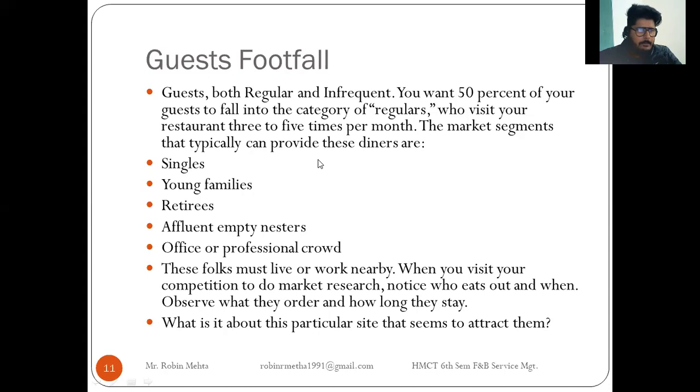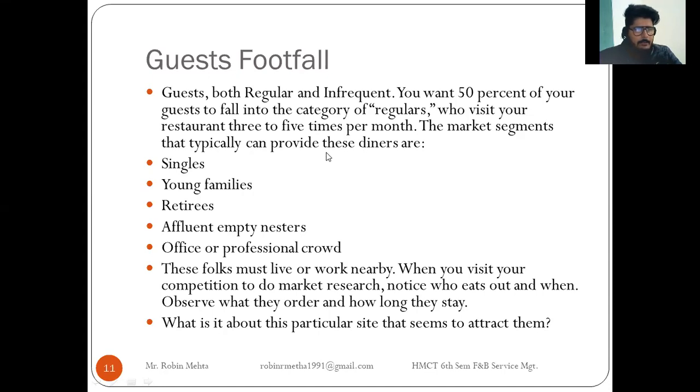You want 50% of your guests to fall into the category of regulars, who visit your restaurant 3 to 5 times per month. The market segments that typically provide these diners are singles, young families, retirees, affluent empty nesters, and the office or professional crowd.